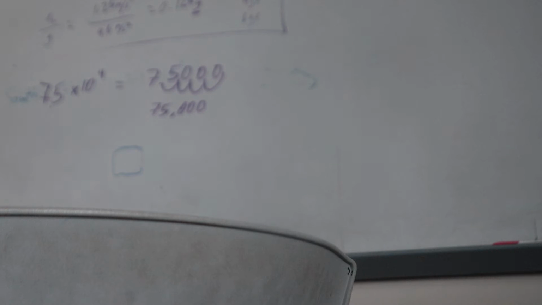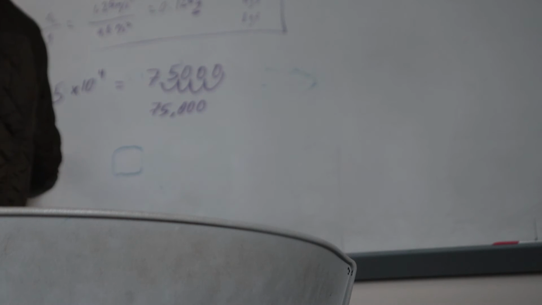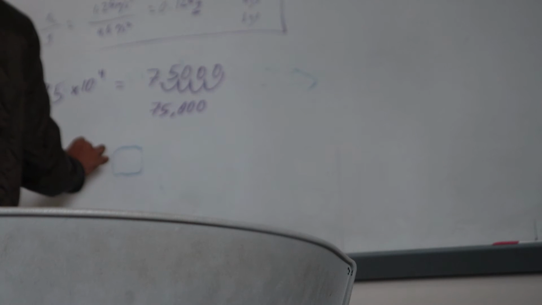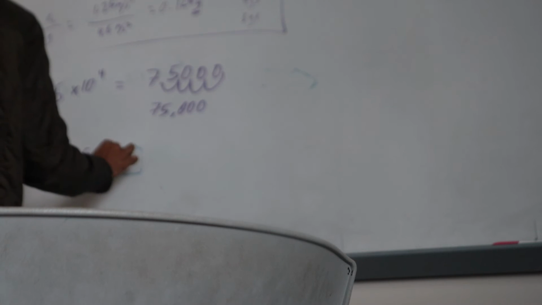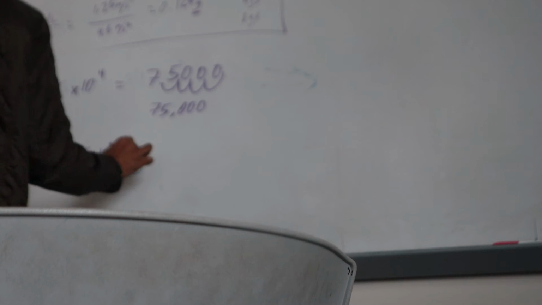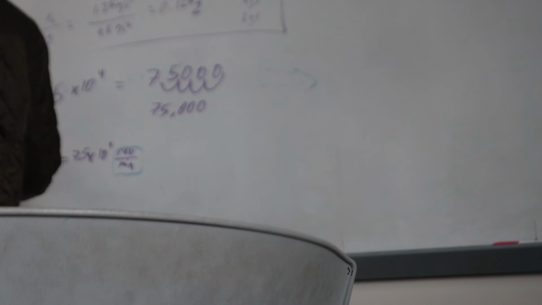So omega equals 7.5 times 10 to the 4. It's revolutions per minute right now. I want to change it to radians per second.